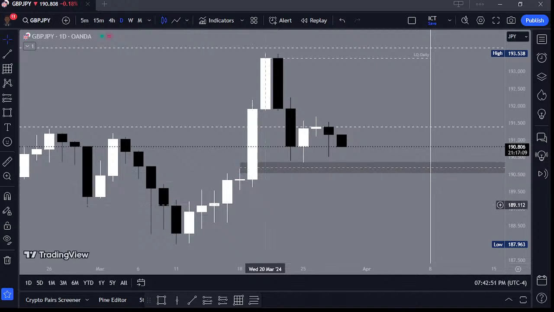Also, there is a fair value gap here, which has already been mitigated, I guess. Price is trading into it. If this fair value gap was strong enough to push the market high, it would have pushed it already.